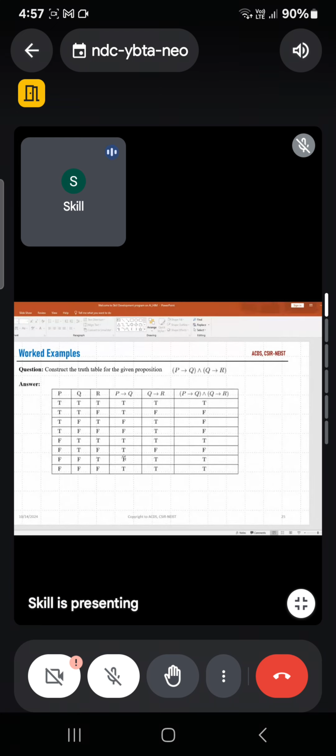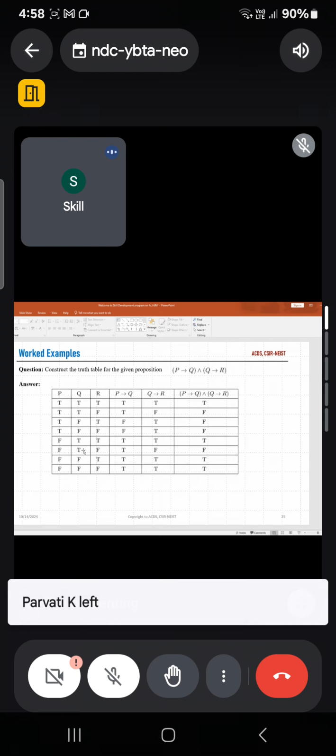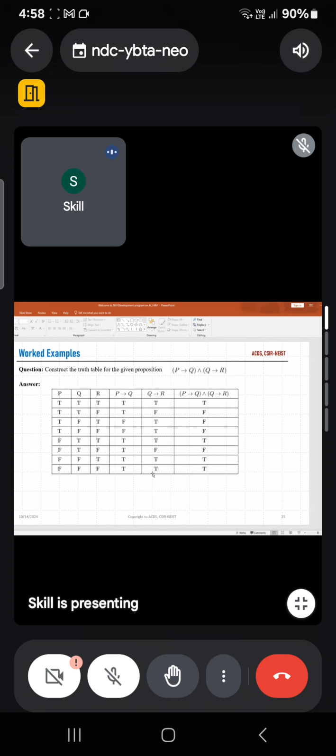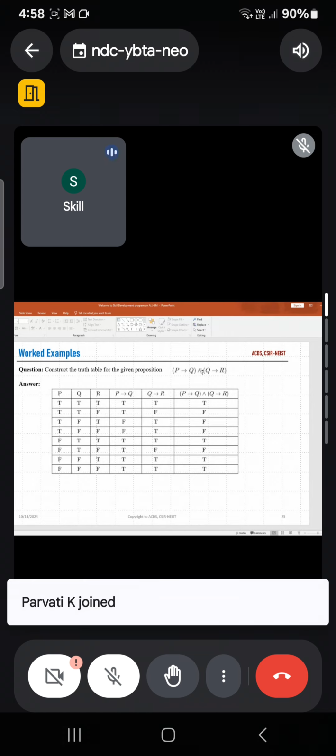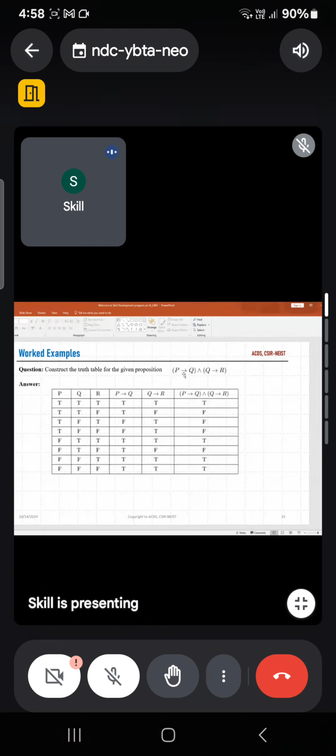So for P implies Q, we write here. And similarly for Q implies R: true, true, false, true, true, true, false, true, true, false, and so on. Just like the previous example, it's the same. So here we have an operator between the two.